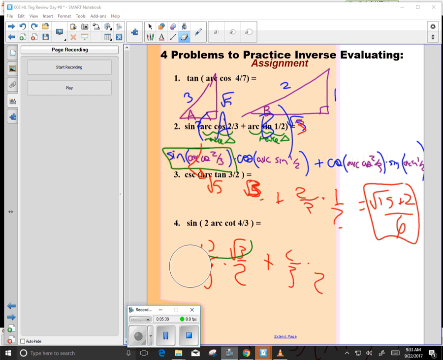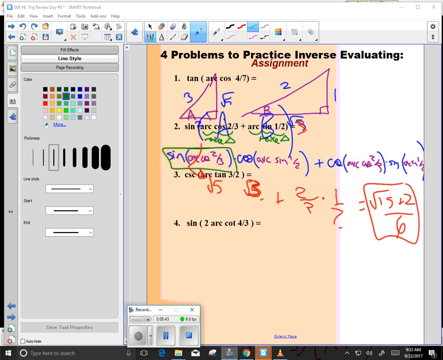Number 4. Turn to your neighbor real quick. Tell them what basic formula we're going to use. This number 2, we use sine A plus B. What's the basic formula you're going to use in number 4? Turn to your neighbor. Tell them. 5 seconds. Go. What's the basic formula you're going to use?